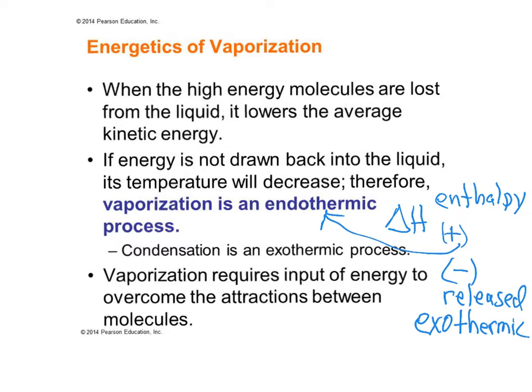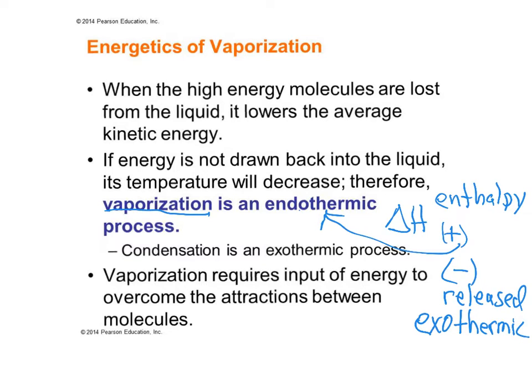Okay, so endothermic means heat's required. This kind of makes sense if you think about it. When energy is absorbed by a liquid, the molecules gain more kinetic energy and can break free and vaporize.